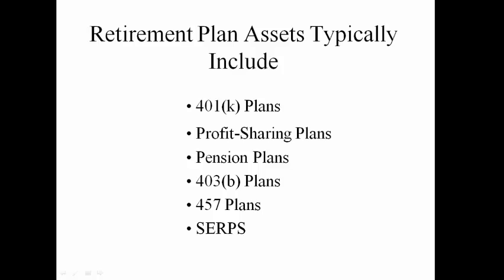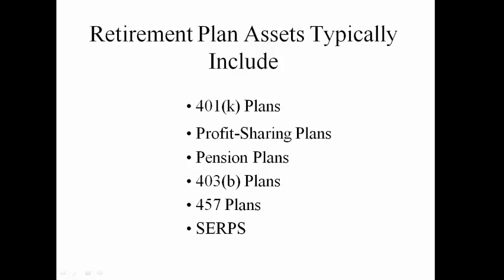There is, of course, one other area that we must discuss, and those are called SERPs. These are non-qualified plans. SERP stands for Supplemental Executive Retirement Plans, and they sometimes get involved with divorce, especially when an individual has several retirement plans, both qualified and non-qualified, and we'll talk about them later.